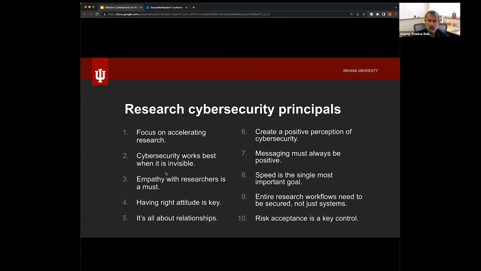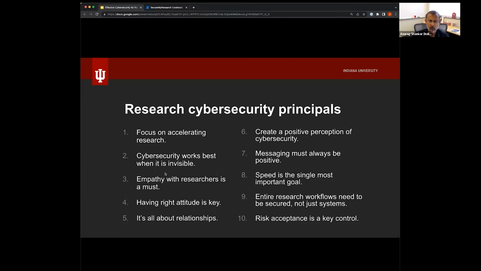The fifth one I don't have to actually go through. It really is all about relationships. It's all about human connections. The sixth one is important. Researchers have a negative perception of cybersecurity, something that slows them down. That's generally the doomsday approach that we take with cybersecurity.